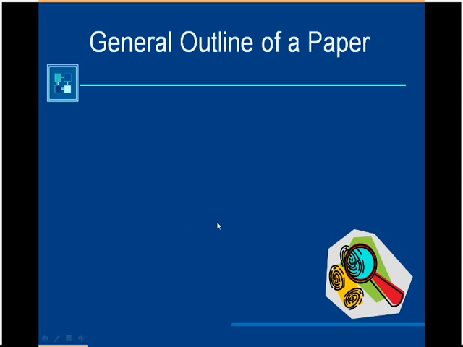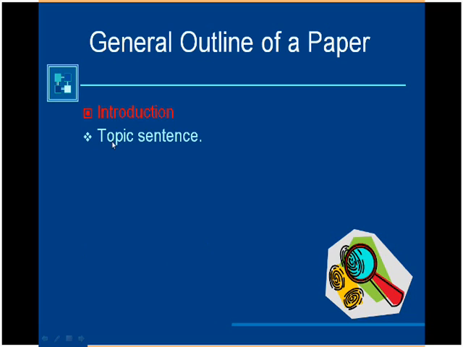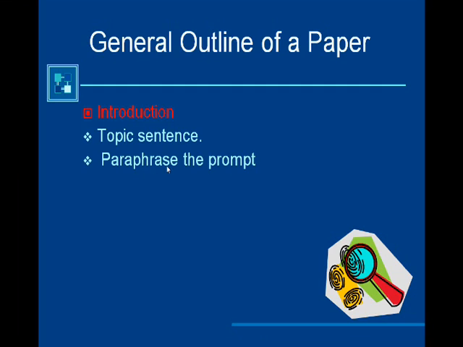So again, there is another general outline of a paper or of the essay. First, you start with the introduction. And again, the introduction will hold in it the topic sentence and, as we mentioned before, a paraphrase of the prompt. And here, we are focusing on the CEPA writing exam. Okay?